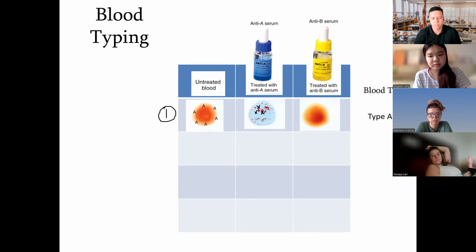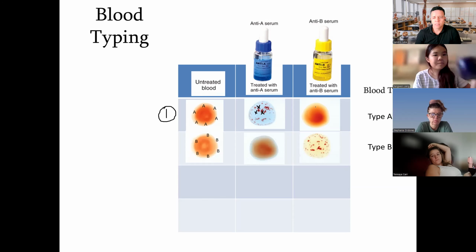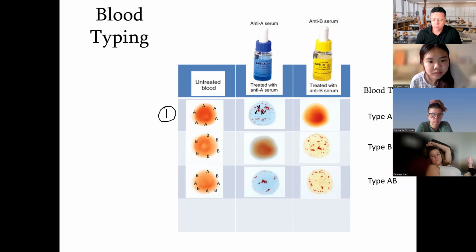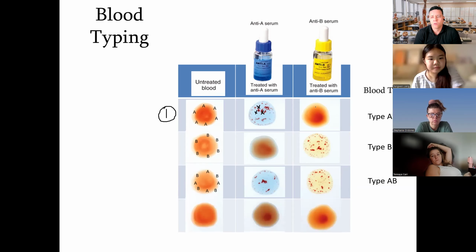This destroyed the red blood cells. So individual 2 then is going to be a type B. Individual number 3 is going to be type AB because both antibodies reacted. And individual number 4 is going to be a type O because none of the antibodies reacted.